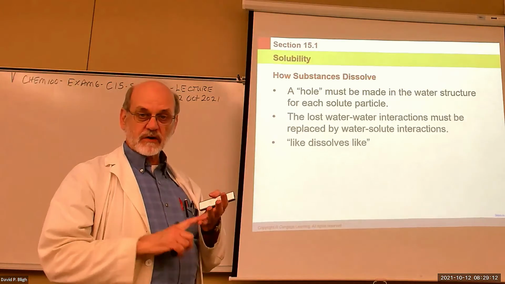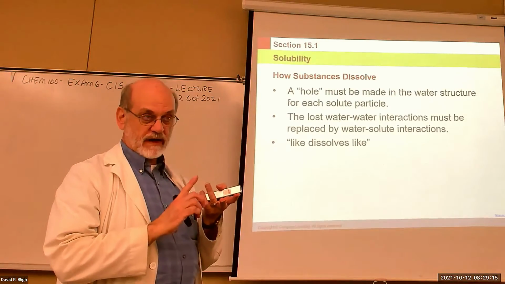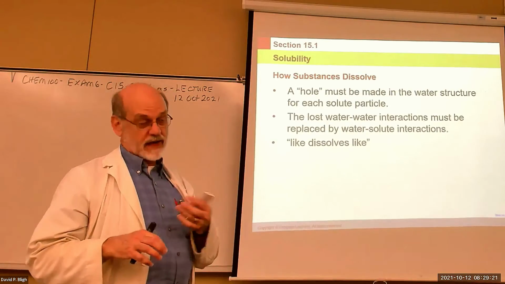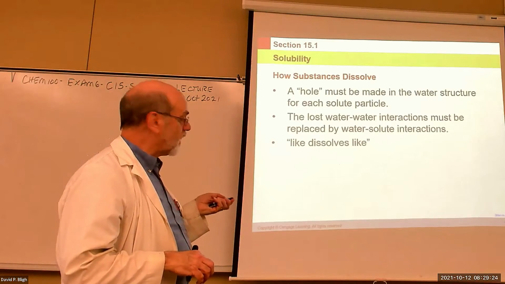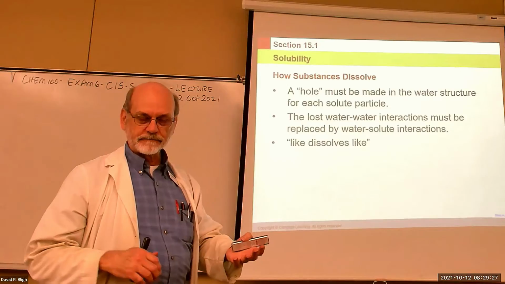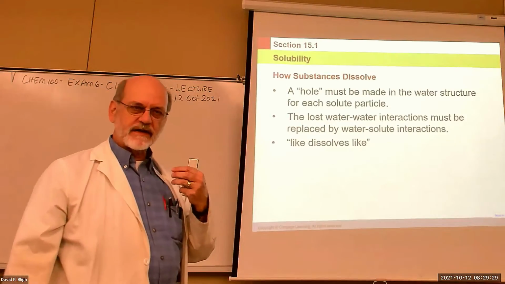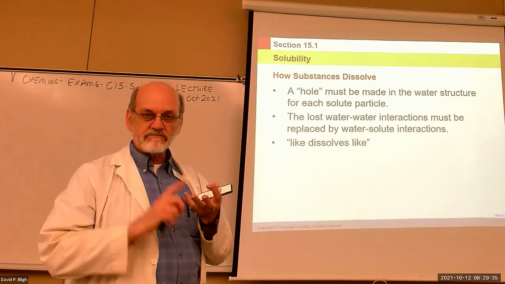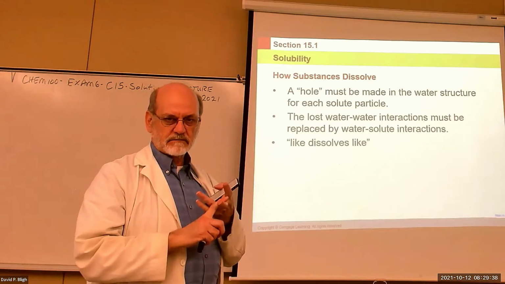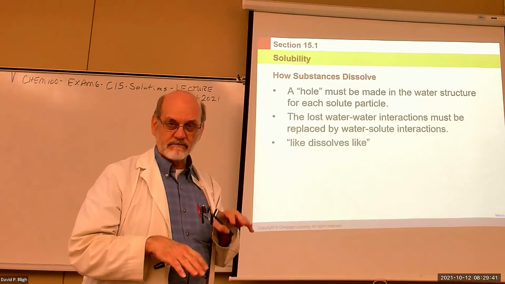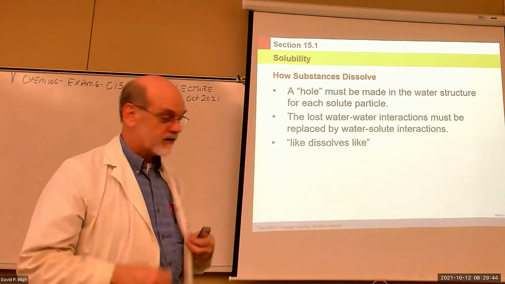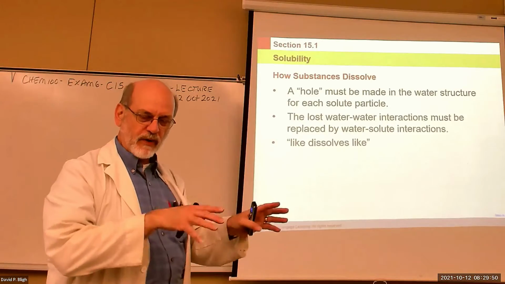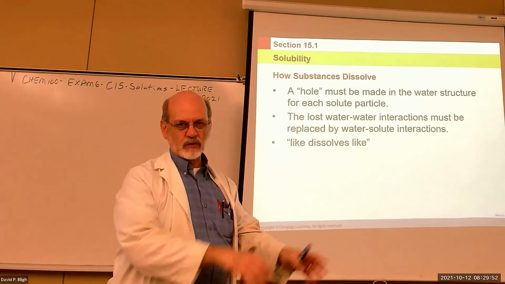So sugar, alcohol, ionic solids like sodium chloride, they are considered ionic or polar, and they dissolve well in polar solvent like water. But if your solvent is oil, then sodium chloride, sugar, alcohol will not go into that matrix. They don't like each other. So like dissolves like means it's based upon polarity. So polar dissolves polar, nonpolar dissolves nonpolar.